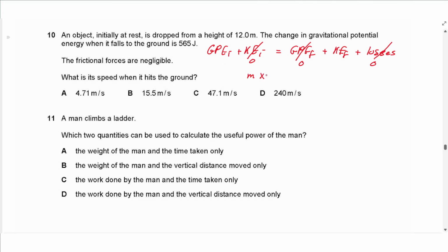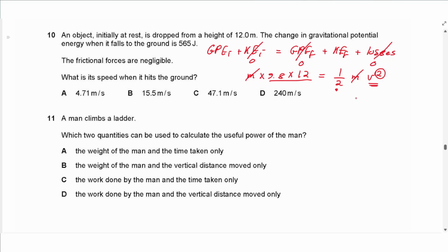So m times 9.8 times 12 meters, that's mgh, is equal to half times the mass times the speed squared, which is required here. We can divide by the mass on both sides of the equation, and we can use 9.8 times 12 divided by half, and then we square root to get the velocity, not the velocity squared.